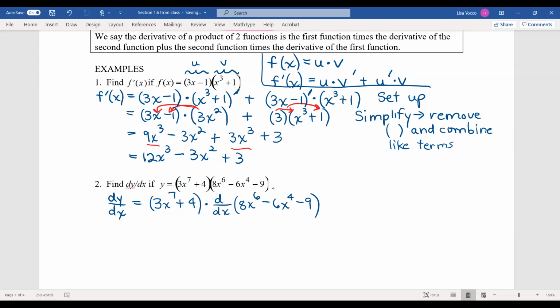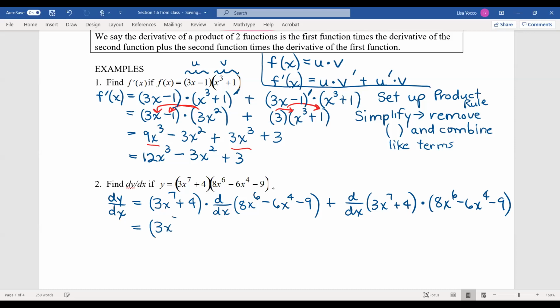It's just saying the first function times the derivative of the second function plus the derivative of the first function times the second function. All right, so that's setting up the product rule. Put that up here. And then the next step is to go in and compute the two derivatives.